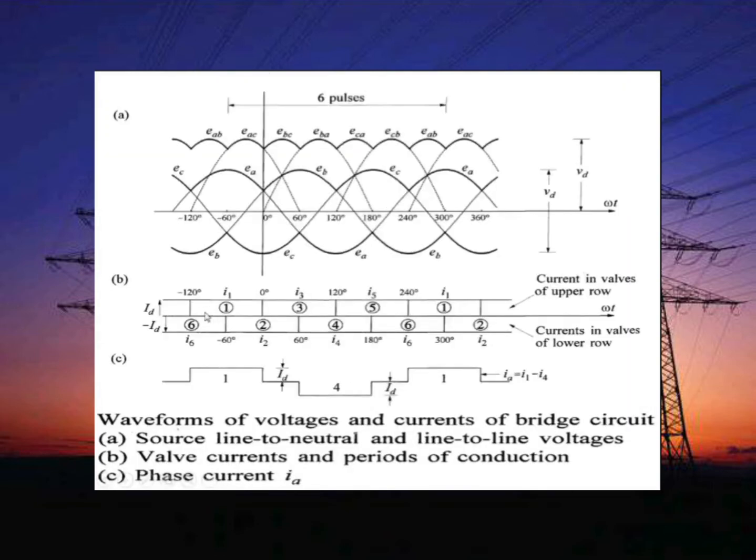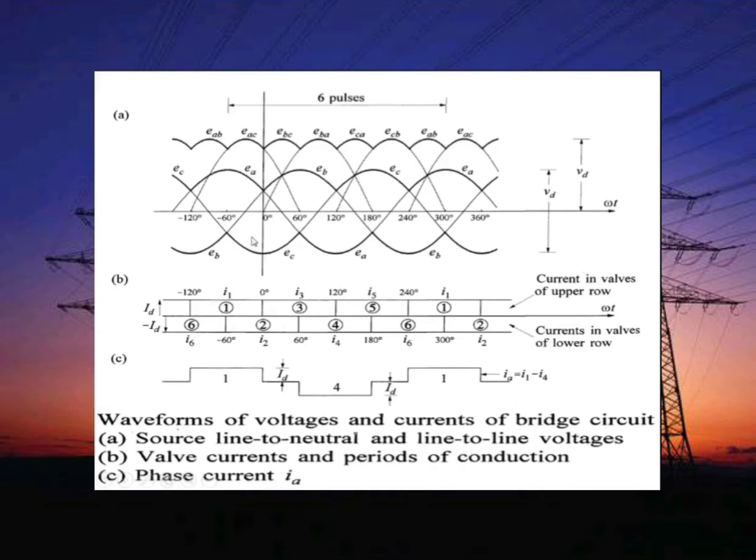Valve 1 conducts when the EA voltage is more positive compared to EC and EB, and valve 2 conducts when EC becomes more negative compared to EB and EA. So before omega t equal to 0 degrees, valves 1 and 2 are conducting.